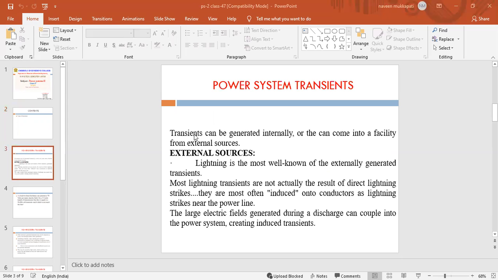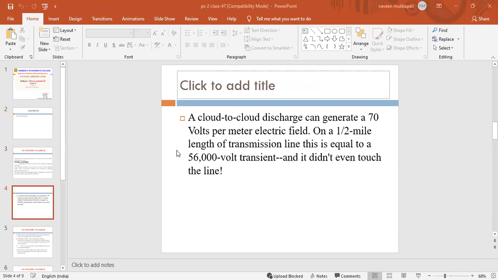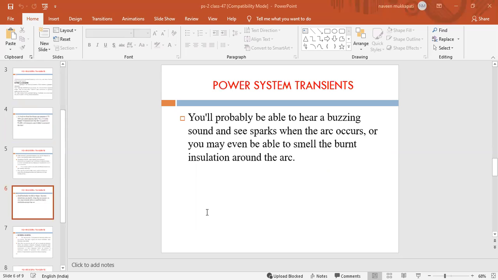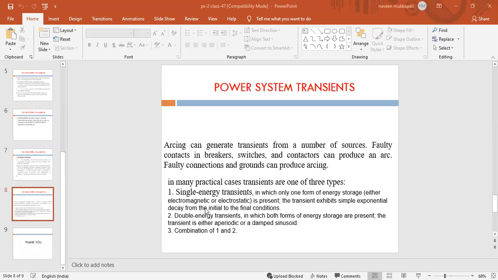Basically, these transients have internal causes and external causes. These are the causes for the transients. Next is the types of transients: the first one is the single energy transient, the second one is the double energy transient, and the third one is the combination of single energy and double energy transients.